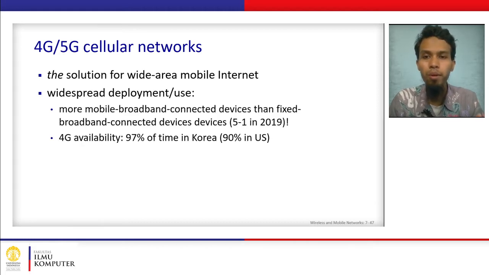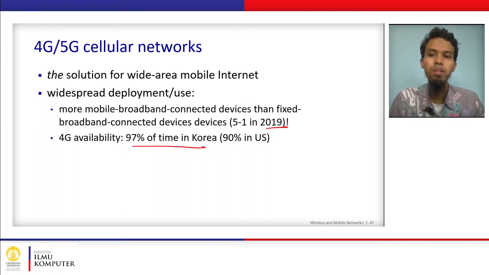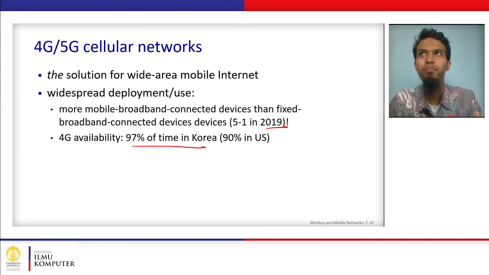They have widespread deployment and use, with more mobile broadband connected devices than fixed broadband connected devices, 5 to 1 in 2019, and availability 90% of the time in Korea. Basically, this is network availability throughout the years.